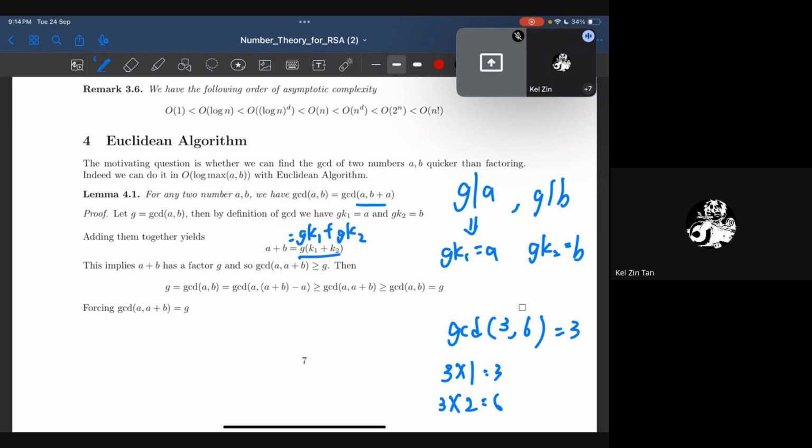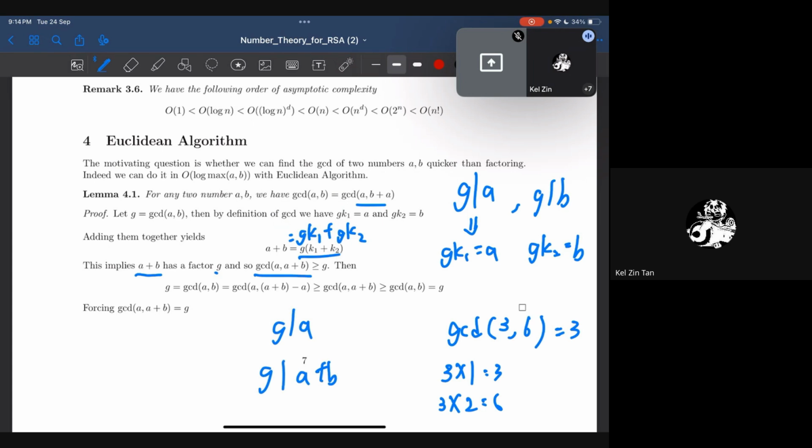So this basically implies that A plus B has a factor of G. So the GCD of A and A plus B must be greater than or equal to G, because we know that G divides A and G divides A plus B. But we want to show that this is exactly equal.